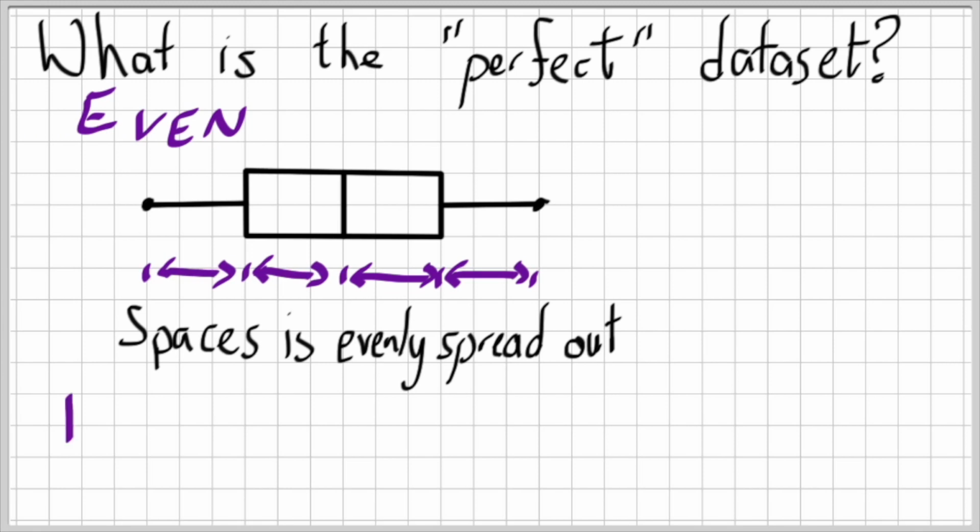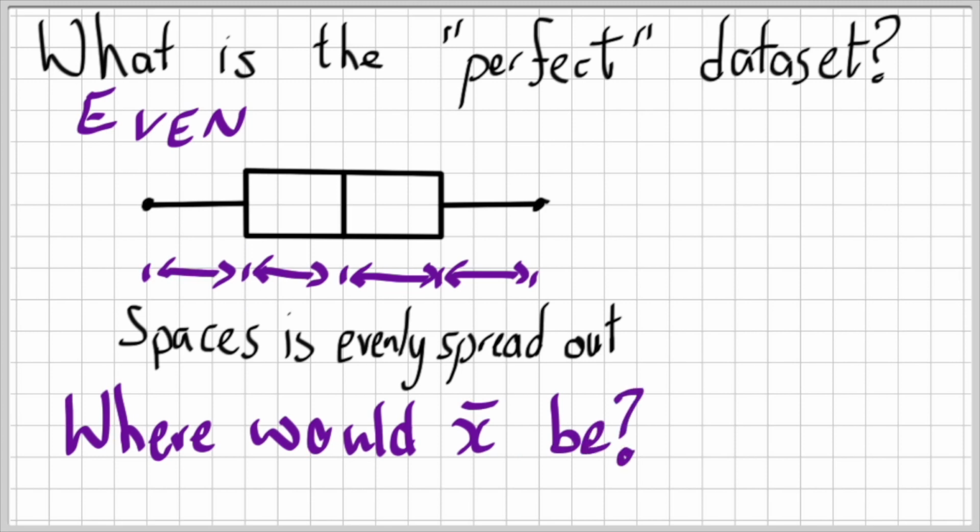But interestingly enough, another question that I want to ask you, because this is important, where would the mean be on this even data set, this perfect data set? Well, I can tell you the mean is going to lie exactly in the middle of my data set.